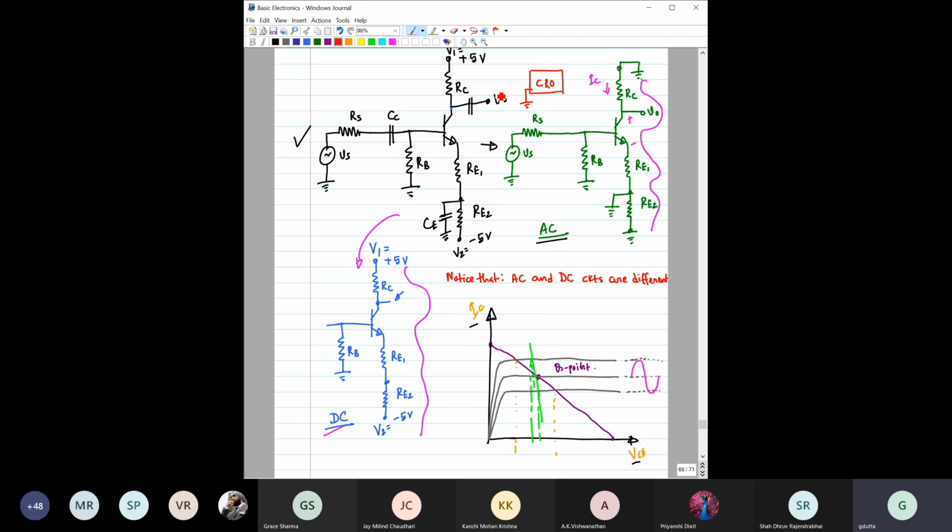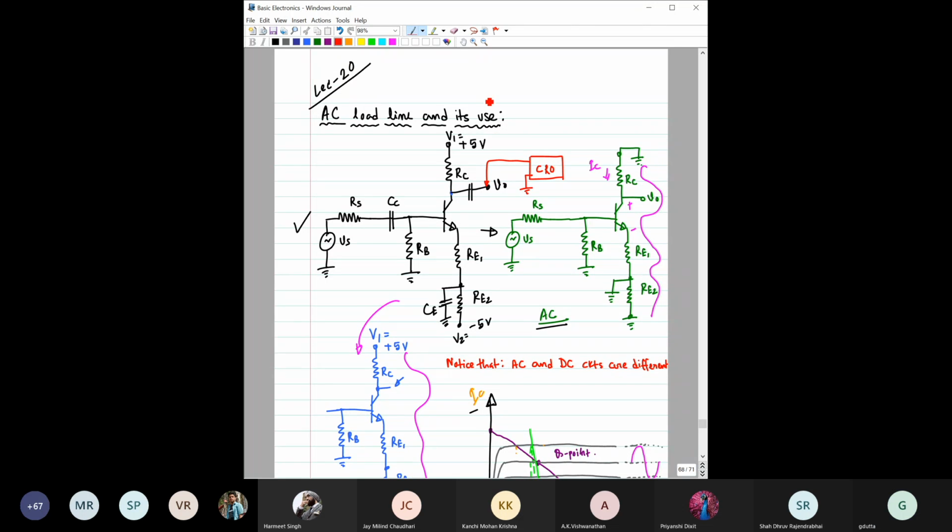The other probe, say this one, you have connected from here. Then what you will get is an amplified signal.